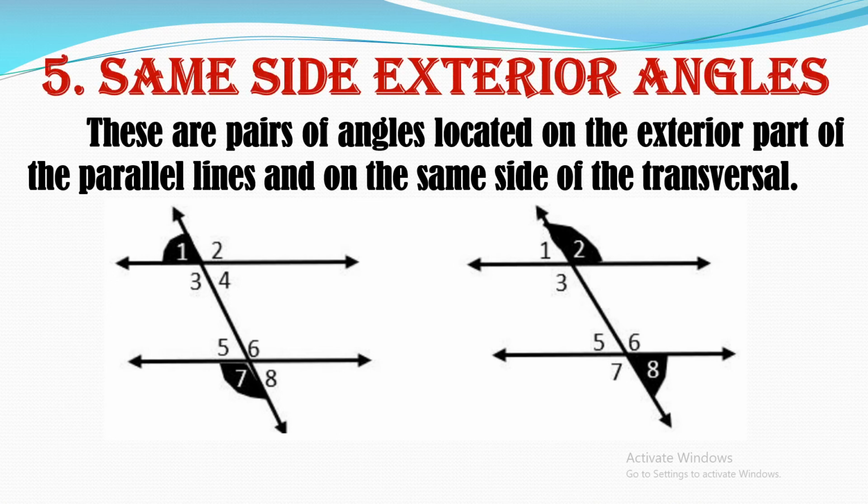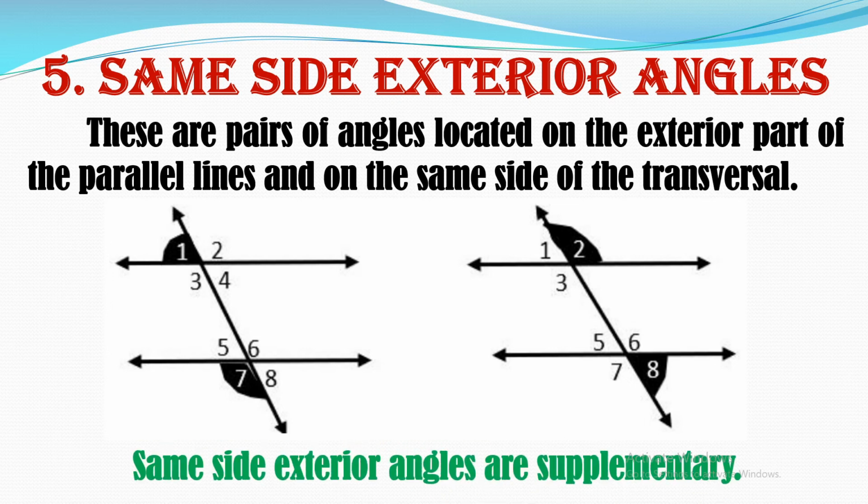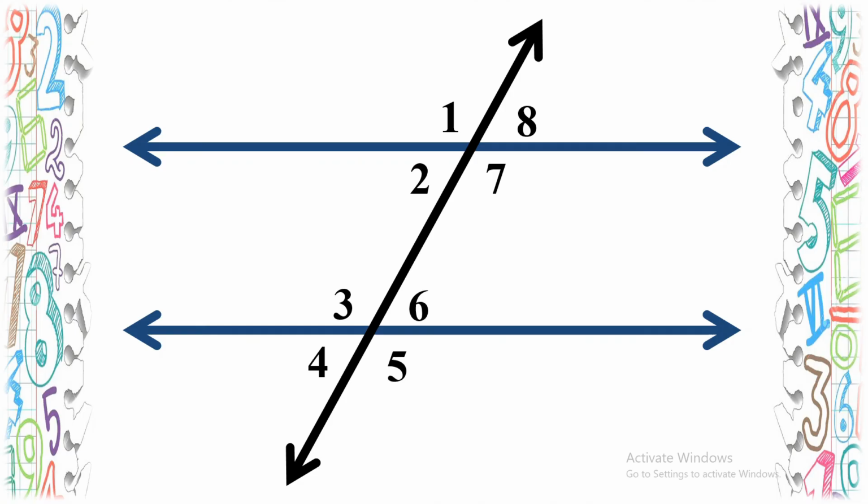These are called same side exterior angles. And like same side interior angles, the same side exterior angles are also supplementary. Let's have this example. Can you name here the same side exterior angles?